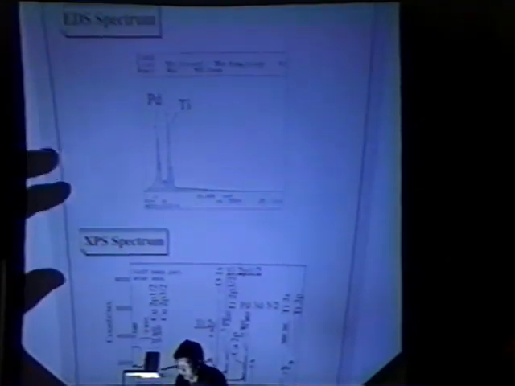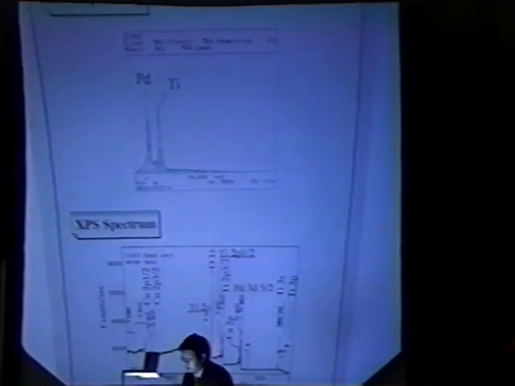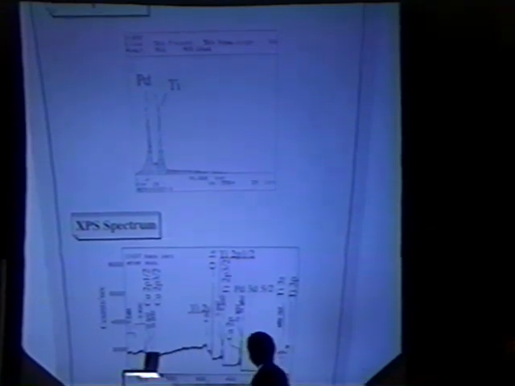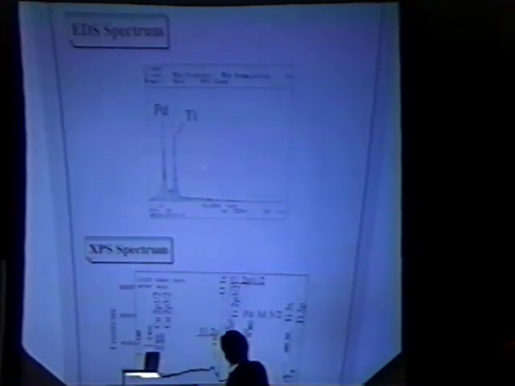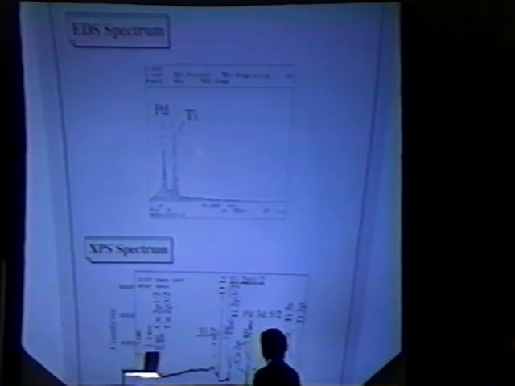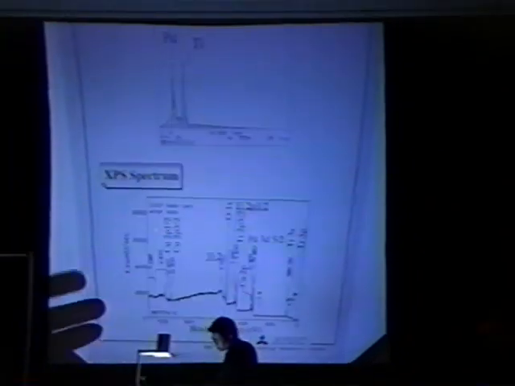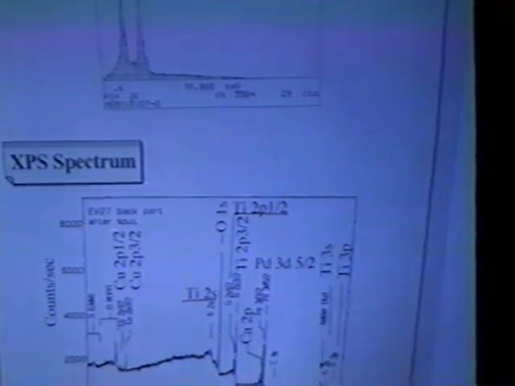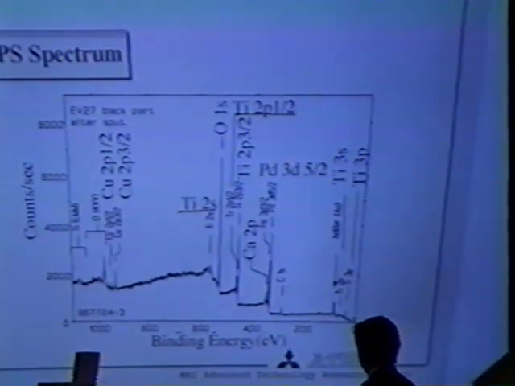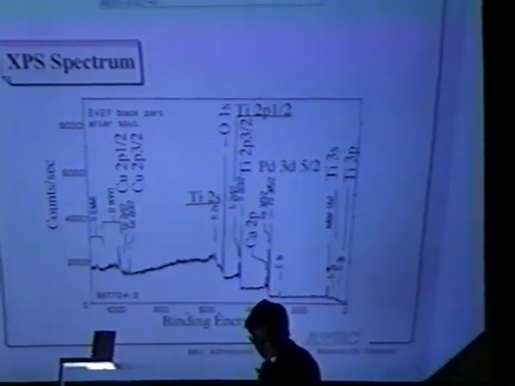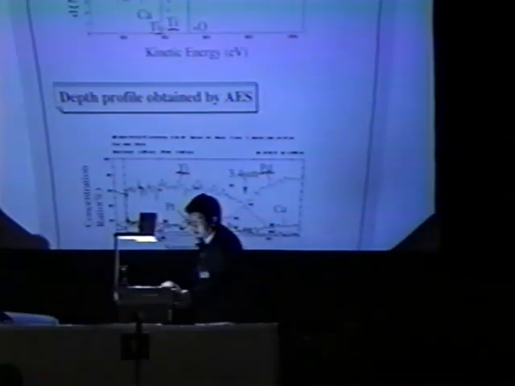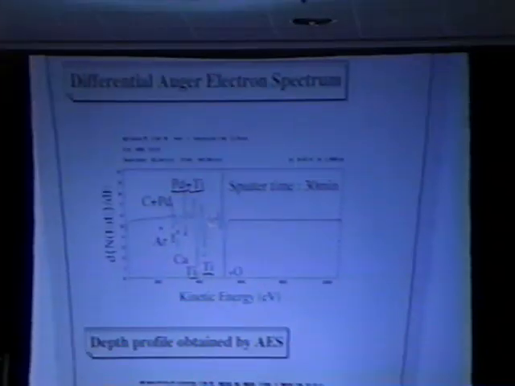Here is the example of the analysis. The upper figure shows the EDS spectrum, titanium here, and the lower figure is the XPS spectrum. Also, we can see the titanium peaks. And furthermore, we analyzed by Auger electron spectroscopy.